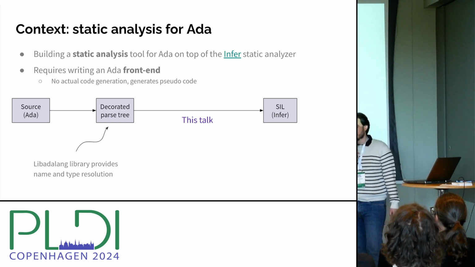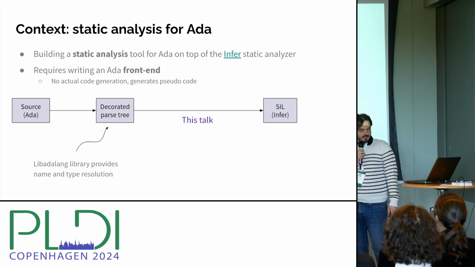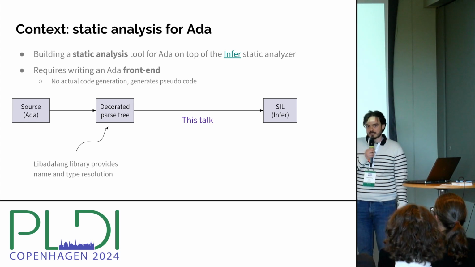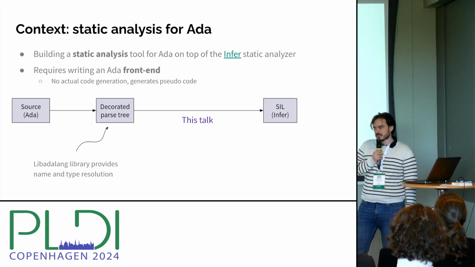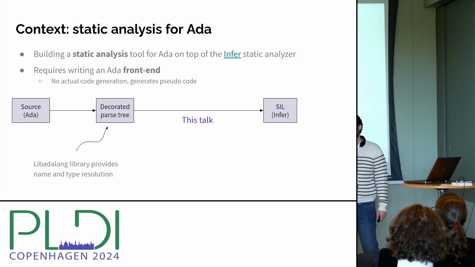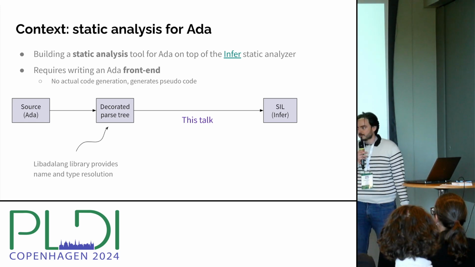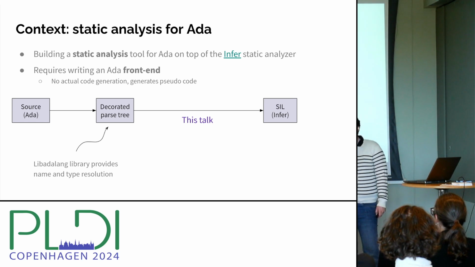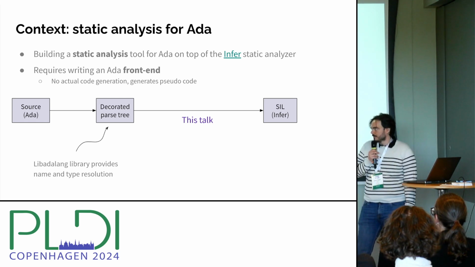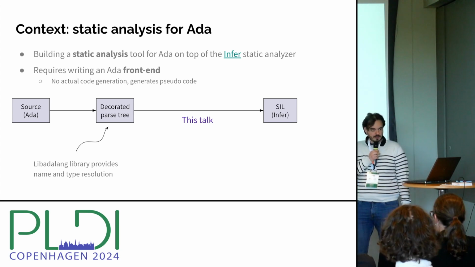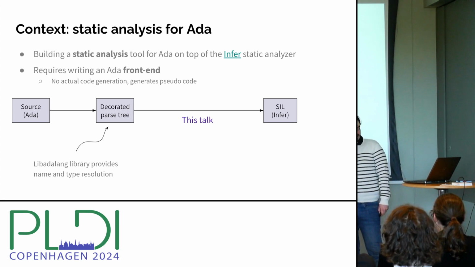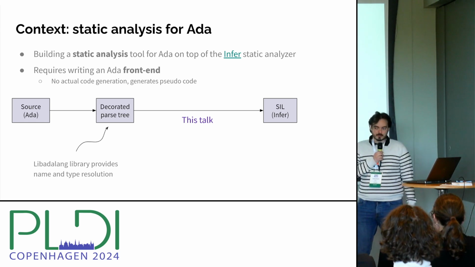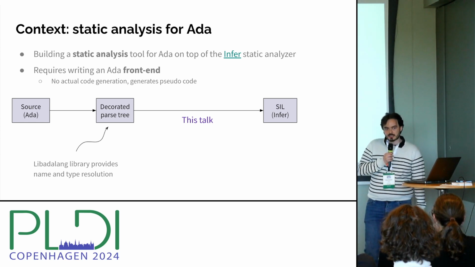It gives us a parse tree, which is a bit decorated, but it's still very close to the syntax. Name resolution is already done, and you have types for expressions. So that helps quite a lot.